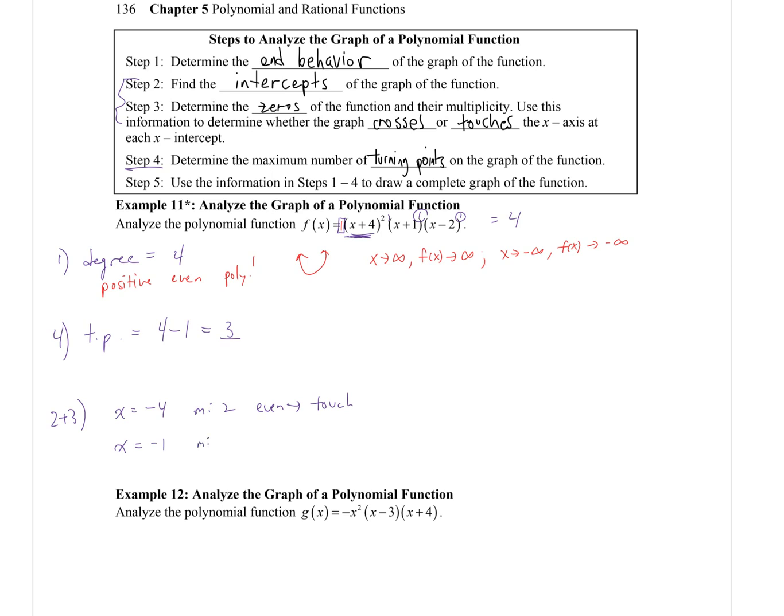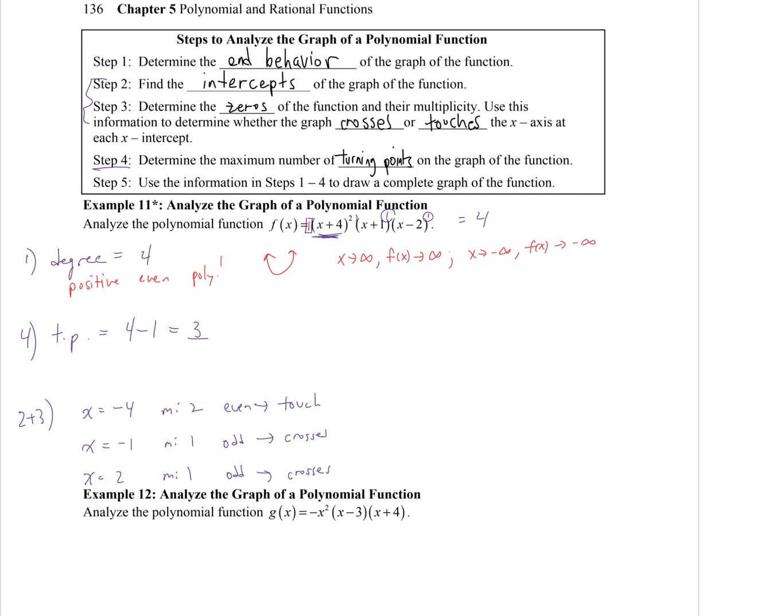That multiplicity is positive 1, forgive me. Multiplicity is just a number, which is an odd multiplicity, which means it crosses the x-axis. And finally, the solution for the last factor, x minus 2, is positive 2, with multiplicity 1, which makes it an odd multiplicity, which means it crosses the x-axis.